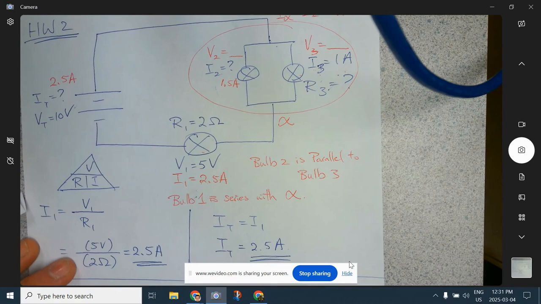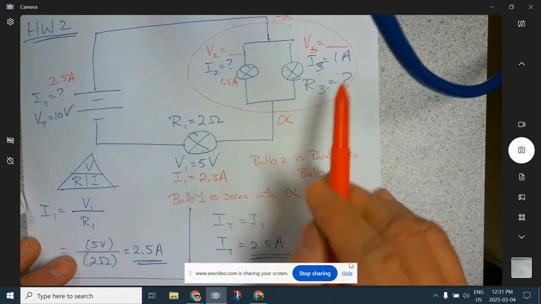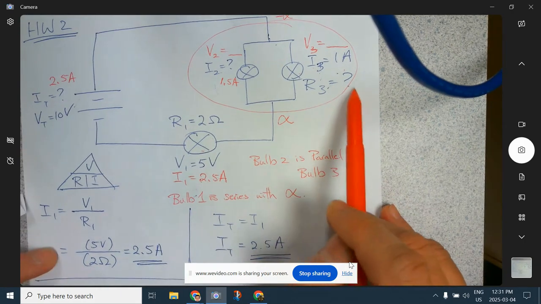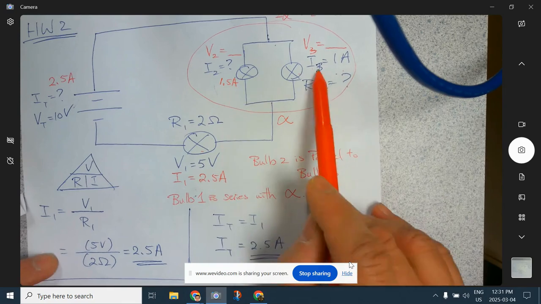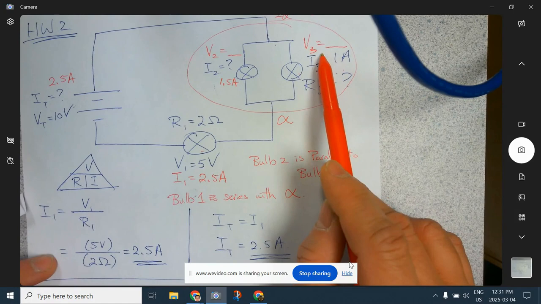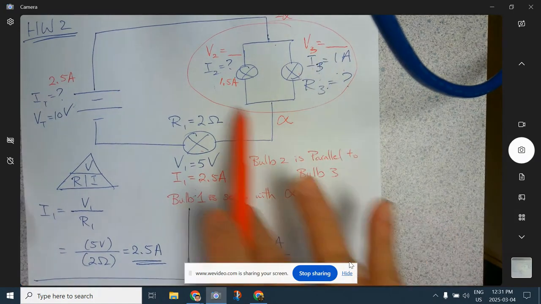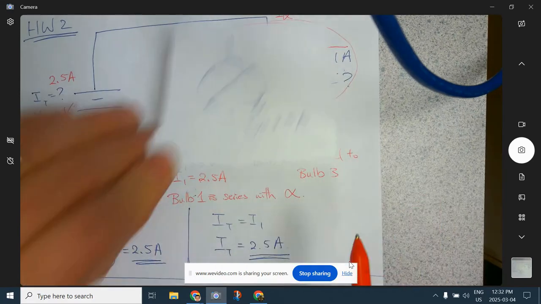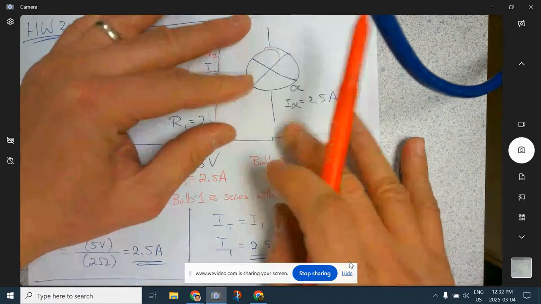Now, what else do we need to find? Oh, right. We need to find R3. And to find R3, as you know, we have I, but we don't have V3. So again, let's go back to this whole thing and treat this small parallel circuit as its own one big light bulb.